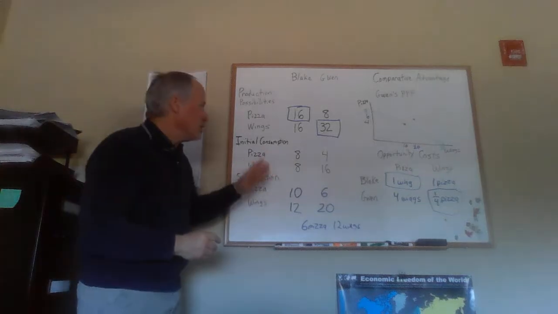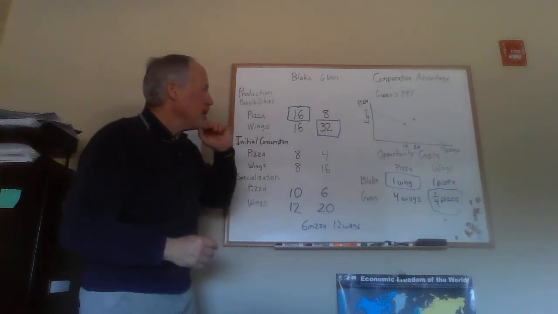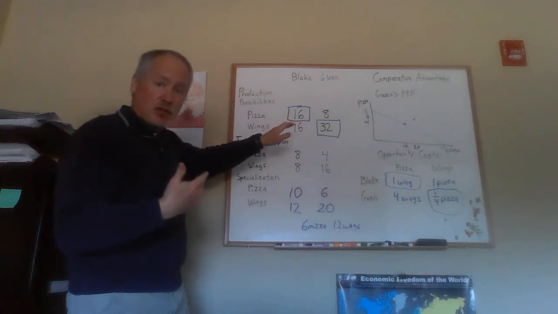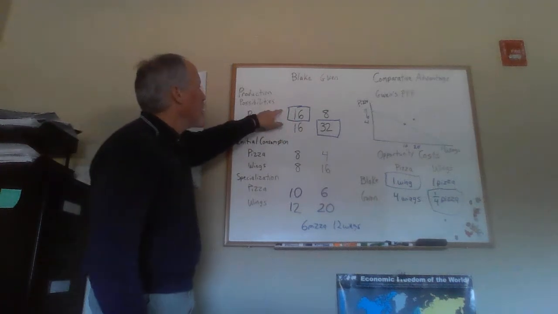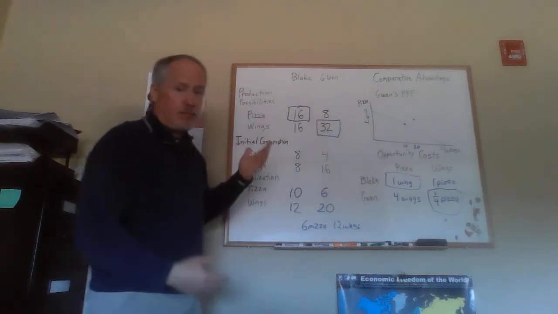One thing to note about these numbers here is that compared to the example they have in the book, Blake is actually absolutely, this is not just comparative advantage, it's also absolute advantage. Blake can make more wings or more pizza in a day than Gwen can.